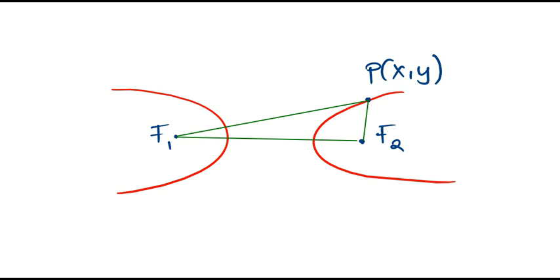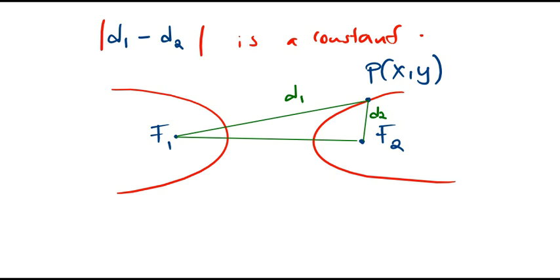Let's call them distance 1 and distance 2. The absolute value of the difference between d1 and d2 is a constant. That's basically the basic definition of what a hyperbola is.